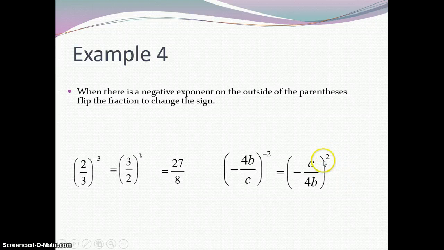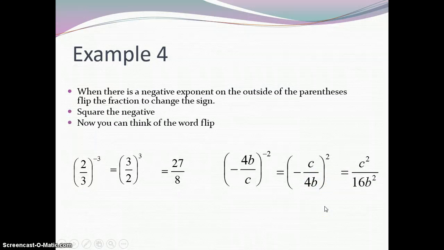All right. So I'm going to distribute the exponent of 2 to everything. So the c, the negative, which makes it positive, the 4, and the b. So that gives me c squared, and then 4 squared is 16, b squared is b squared. Nothing else to simplify. The negative did drop out because we had an even power.